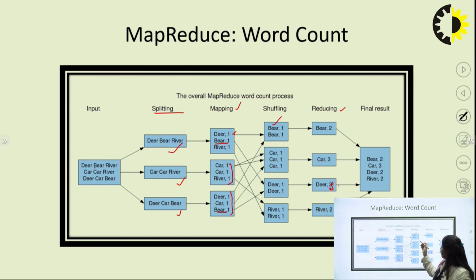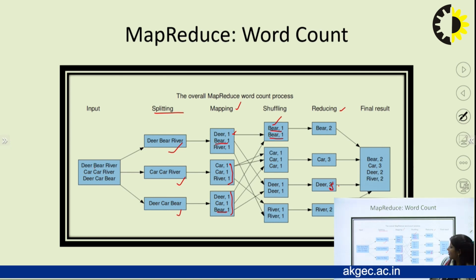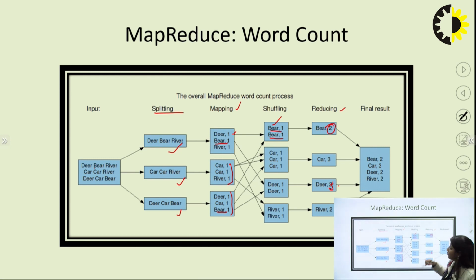If we already know this kind of data has two values, so we merge that data and assign the key 2. Means this data can be read twice, or it can be write 1 and read 1. So we have assigned the key 2 here, and car having the value 3, deer having the value 2 and river having the value 2.